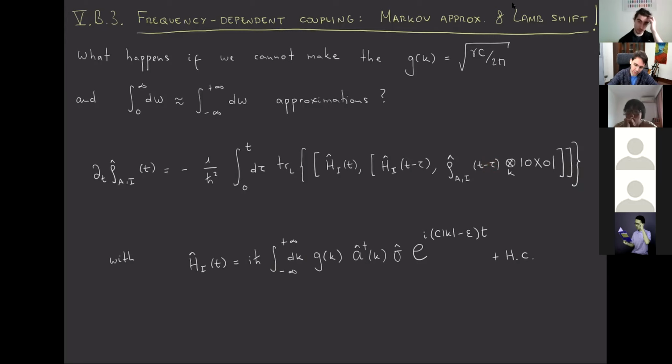So then let me expand this expression. I will not do any approximation yet, I will just expand this expression. You might remember that here we have a double commutator, and the Hamiltonian has two terms, this and the Hermitian conjugate. So in total, we have 16 terms or 16 traces.